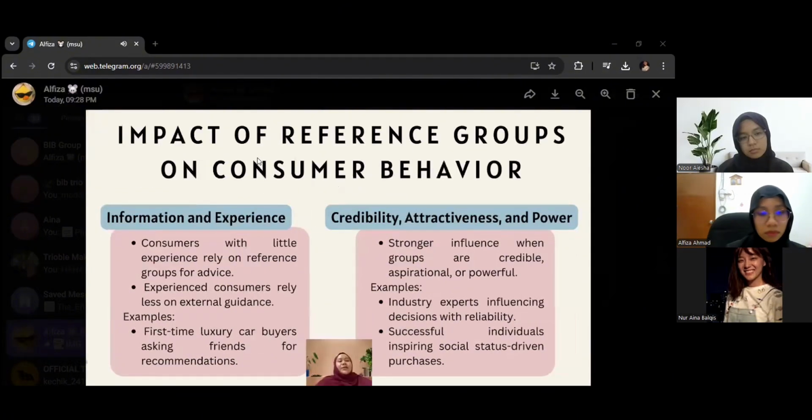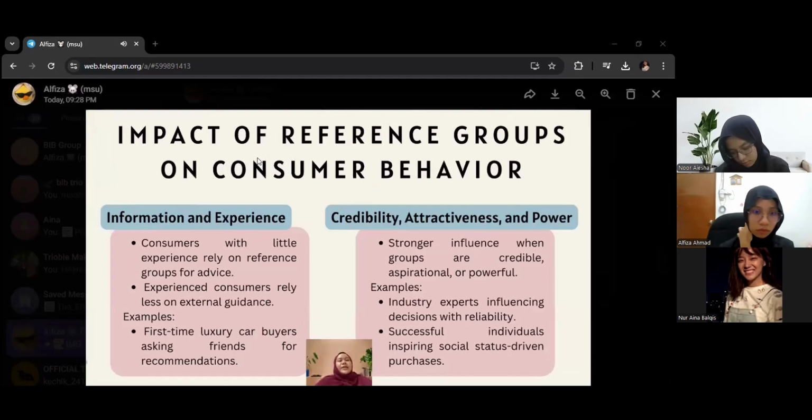Next is the impact of reference groups on consumer behavior. They influence consumer behavior through five key factors, the first of which is information and experience. These reference groups are especially valuable for consumers who lack experience with a product or service. For example, someone buying a luxury car for the first time might ask their friends or family for advice.